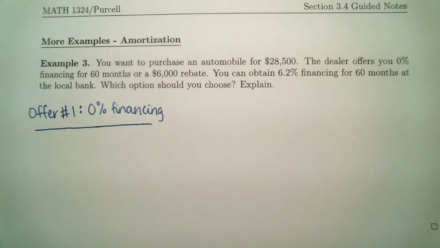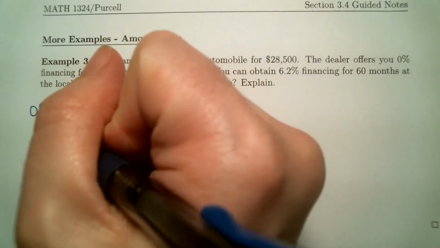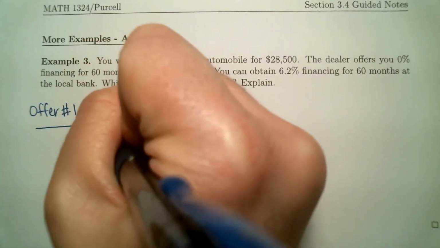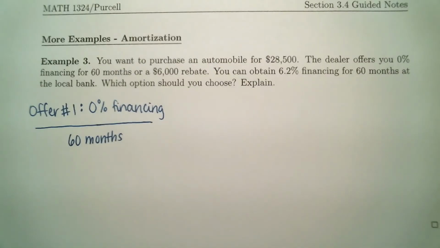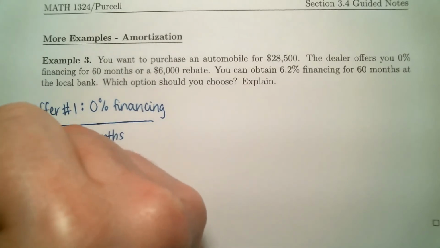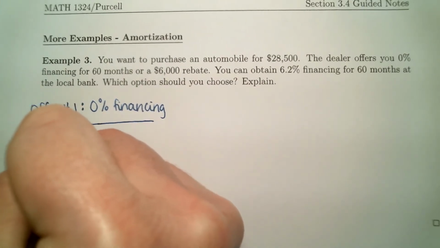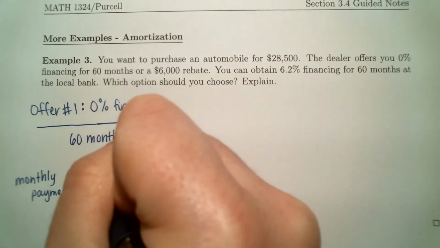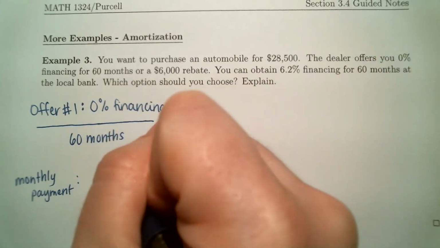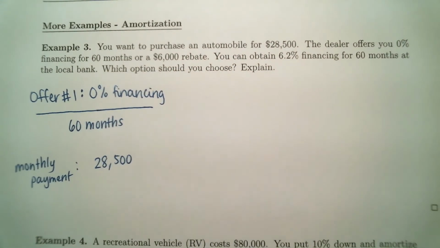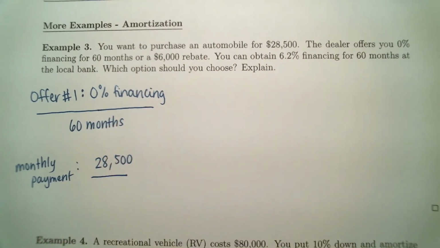So your monthly payment in that case, because remember, we're doing this for 60 months according to the conditions up here, is going to be the $28,500. That's the total amount you would pay for the car since there is no interest. You would divide by the number of payments.